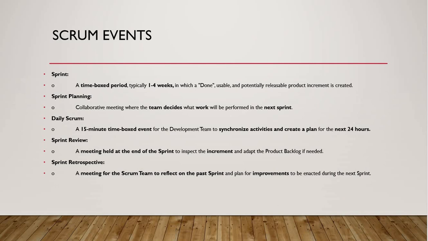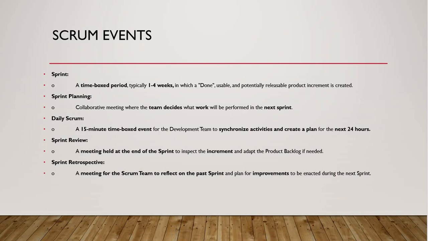Maksud satu jangka masa, time period, which has been decided, to get certain criteria or certain goal done. So untuk satu jangka masa ni, the development team should be done up to this step.